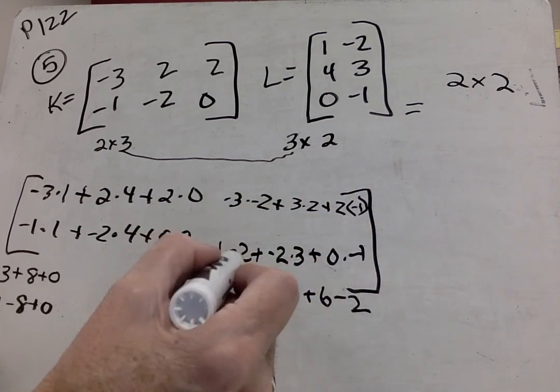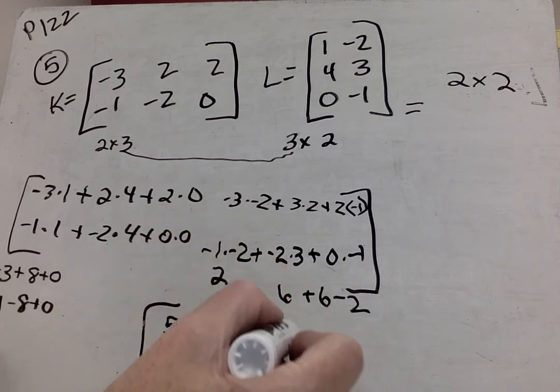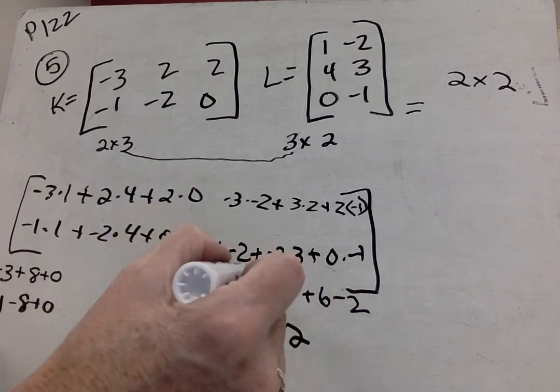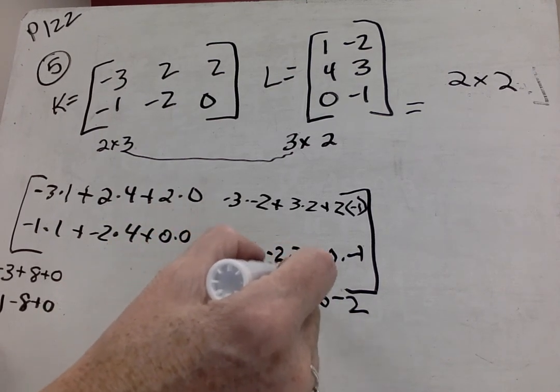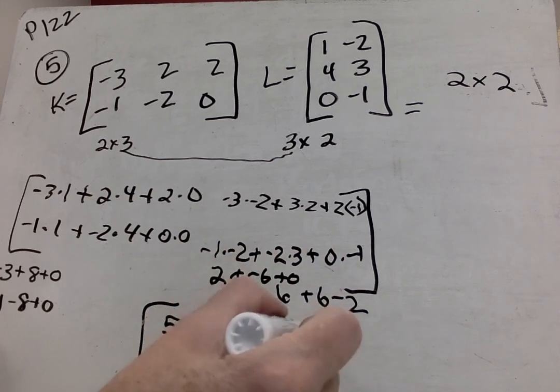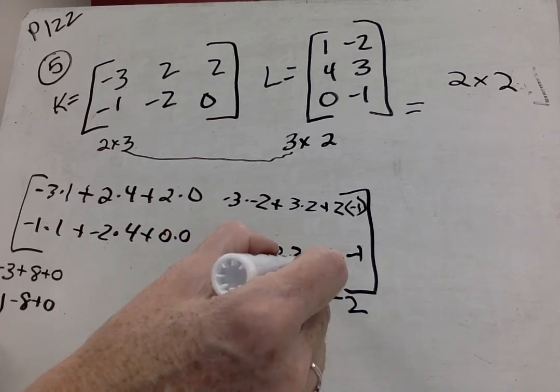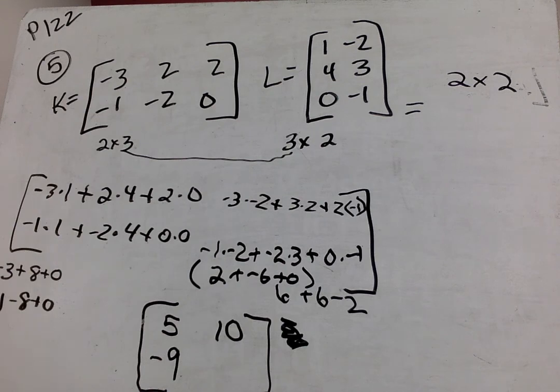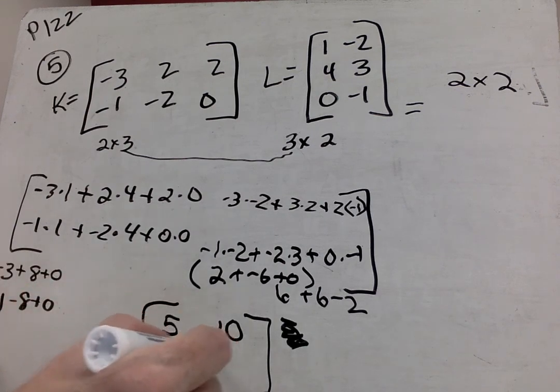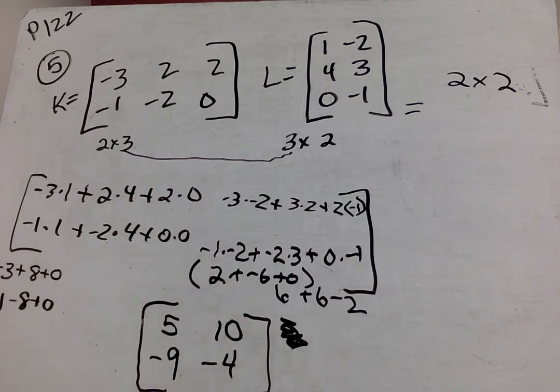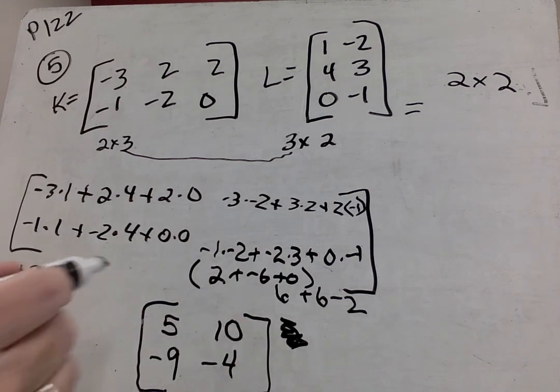And that would be 2, actually I should put over here, 2 plus negative 6 plus 0. I'm just going to put it here. I know it's going to go down here at the end. So 2 plus negative 6 is negative 4 plus 0. And there you have your final answer right down here.